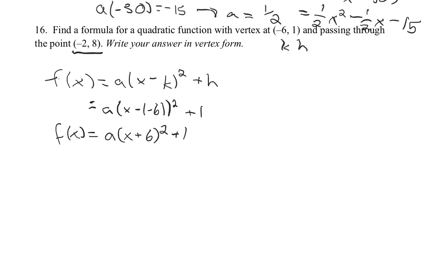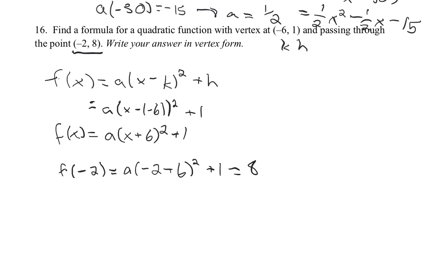What I'm going to do is plug in this x value into this equation. So I'm going to say that f(-2) is equal to a(-2 + 6)^2 + 1, and I know that this should be equal to 8 because of this point.